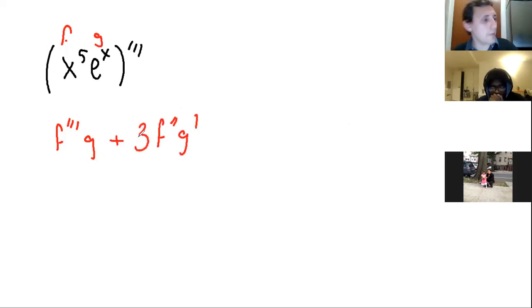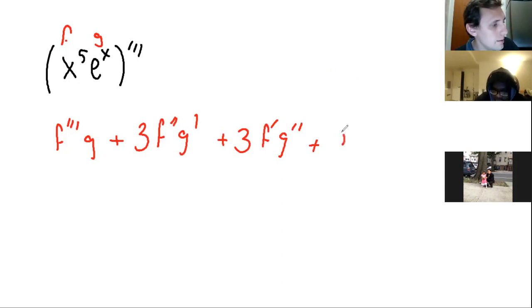Right? Because the Pascal's triangle expansion is 1, 3, 3, 1. Yes? You can verify that it's true. So then the next would be plus 3 F prime G double prime plus F G triple prime.